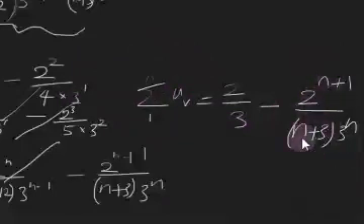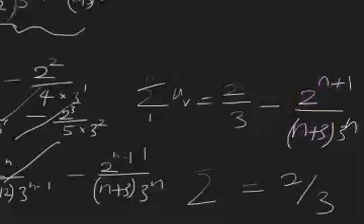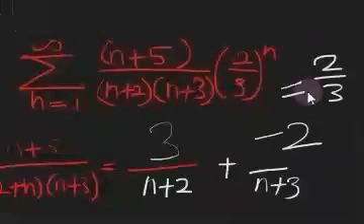This term goes to 0 as n tends to infinity. The sum is 2/3. The sum of that infinite series is 2/3.